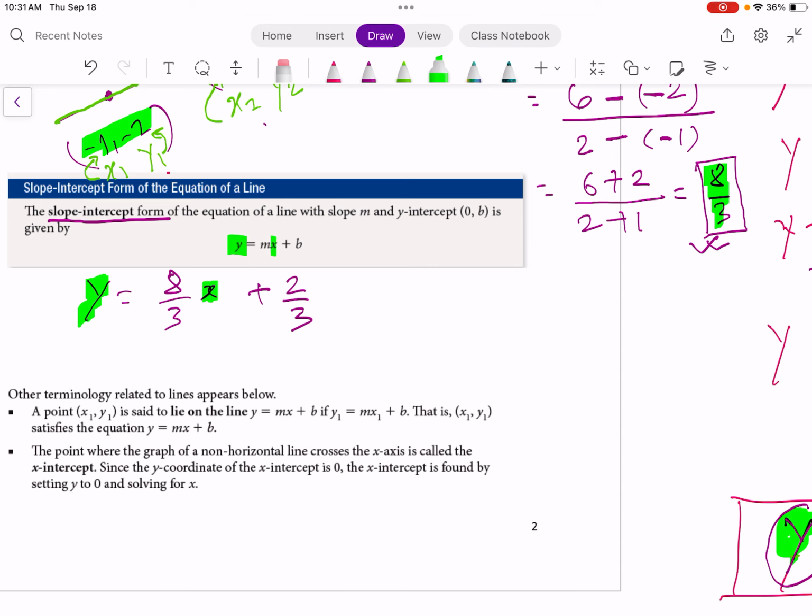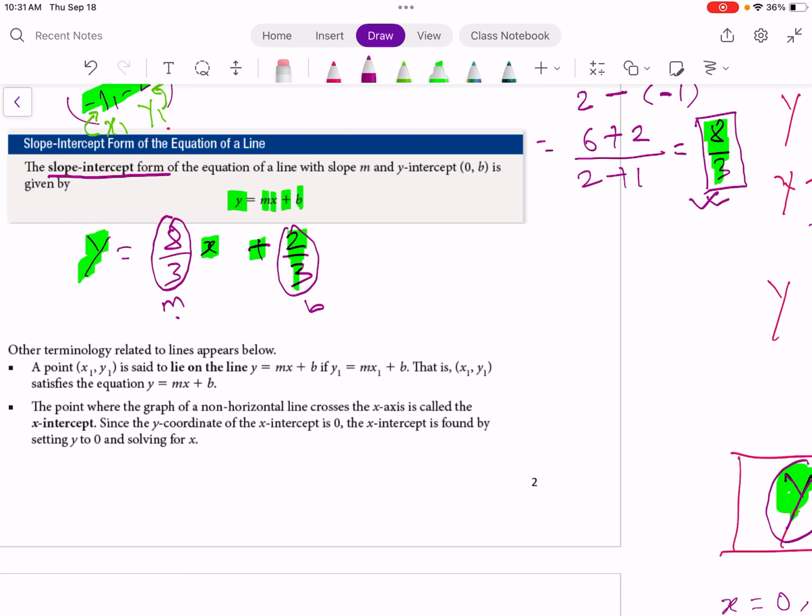For x, we have x. Now for m, what do we have? 8/3. So our m is 8/3. For plus, we have plus. For b, what do we have? 2/3. So this is our b. Now this m is the slope, and this b is the y-intercept.